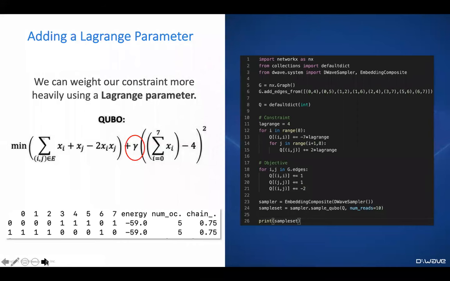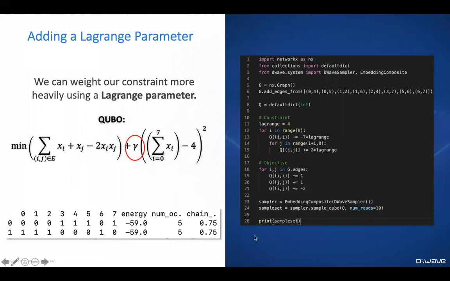And the reason we do that is that if we don't put that in there, or if it's too small, the constraint might get violated because the quantum computer is going to find solutions that will minimize the other part, but we want that gamma term to weigh more heavily.